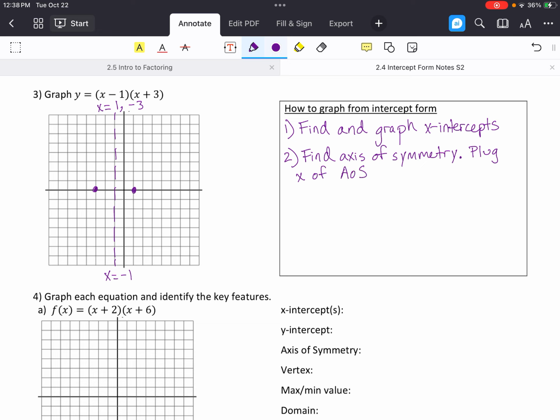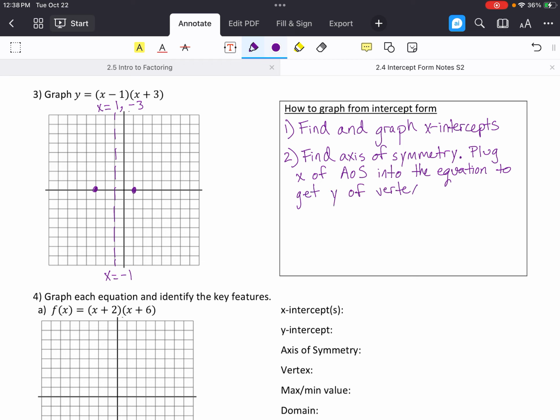I'm going to abbreviate axis of symmetry to AOS because I'm lazy, but you're just going to plug that x value into the equation to get the y of the vertex.